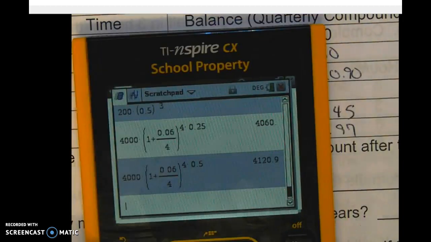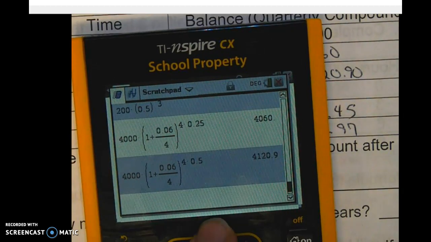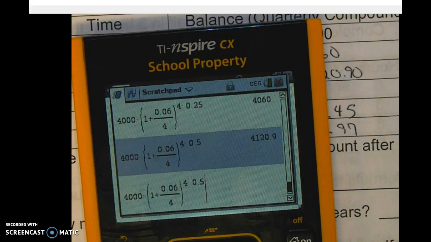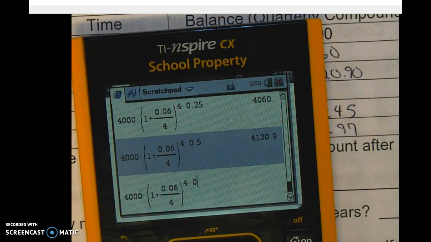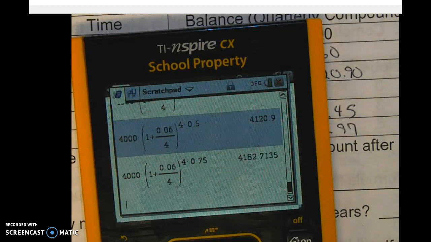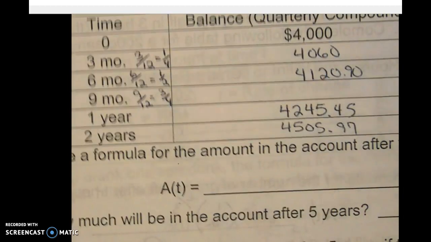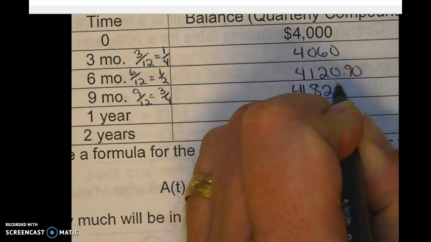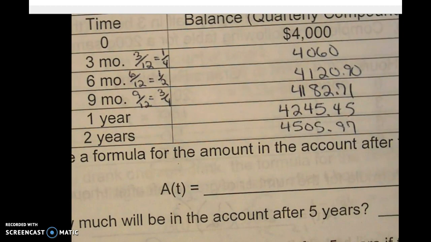And then 3/4 of a year, again, up, enter, change it to 3/4 or 0.75. Okay.